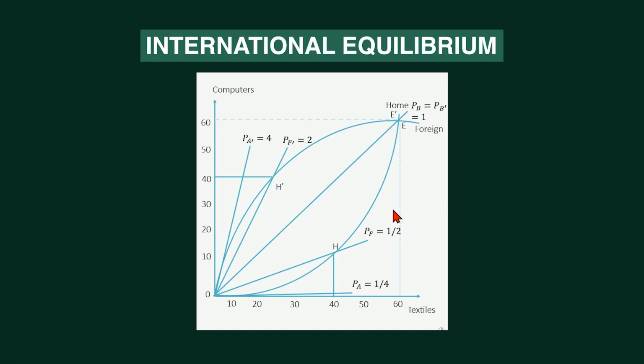If the price of computer goes down, and mind it, the price of computer is your importable, and your terms of trade means the price of exportable by the price of importable, and your importable is computer. If the computer price goes down, the price of computer is in the denominator of the ratio. Therefore, the denominator goes down, which means the value of this ratio is going to go up, which means you are moving away from the price ratio defined by PF.